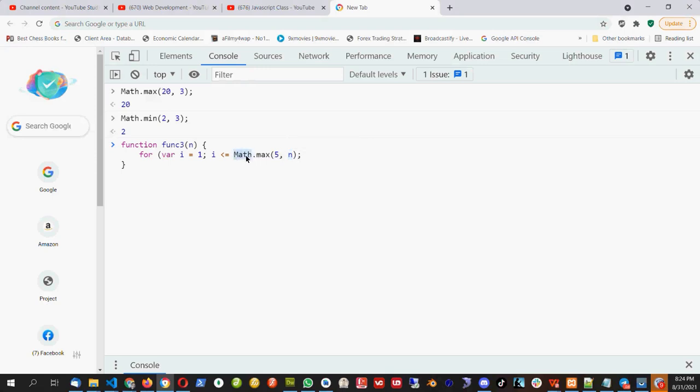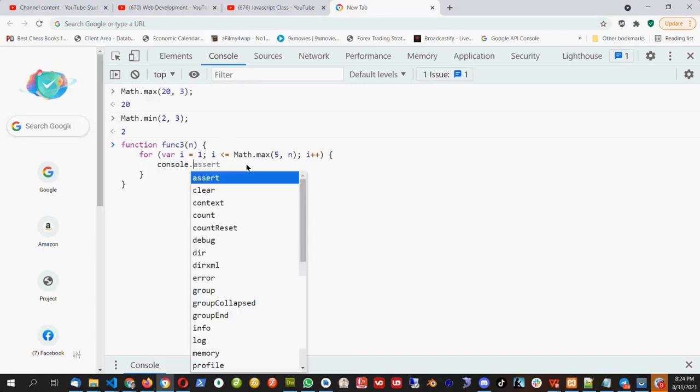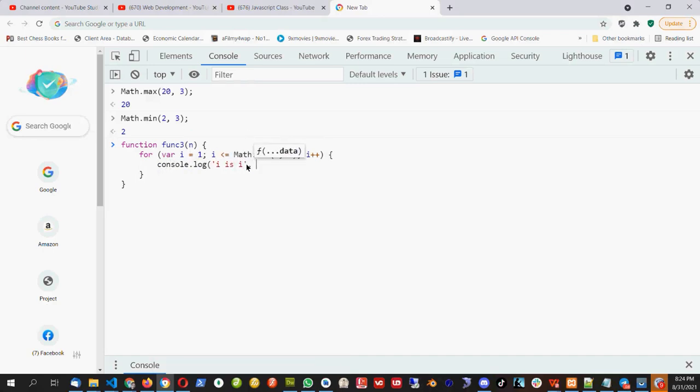If n is bigger, it will take that number, and if 5 is bigger, it will take 5, and it will go that many times in the loop. Previously we passed n here, now we are using Math.max, and I will say i++, and each time I will do console.log of i. I'm not finding the sum, I'm just printing i. Okay, so this is the function I created.